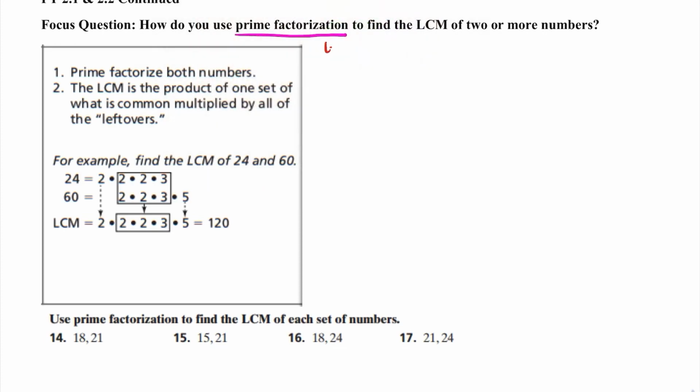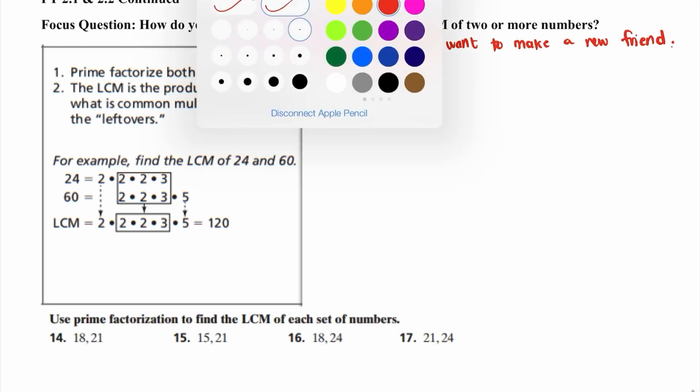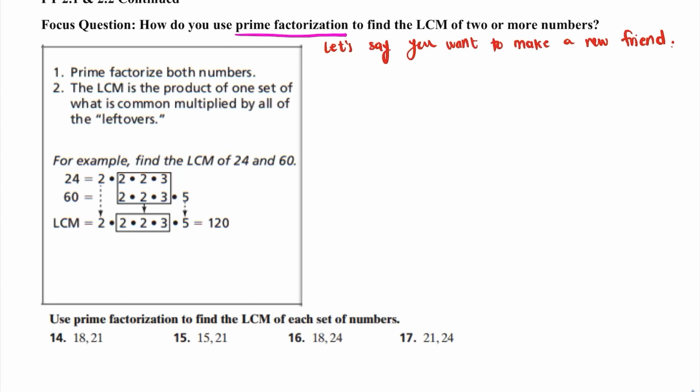Okay, so first, let's say you want to make a new friend. Okay, and usually when you're making a new friend, one of the first things that people do is they talk about things that the two people have in common, right?